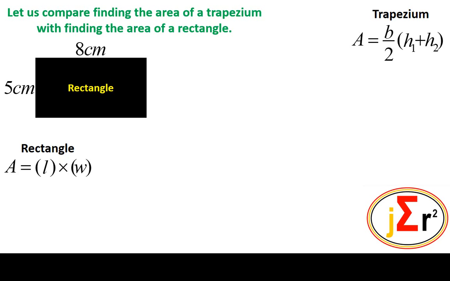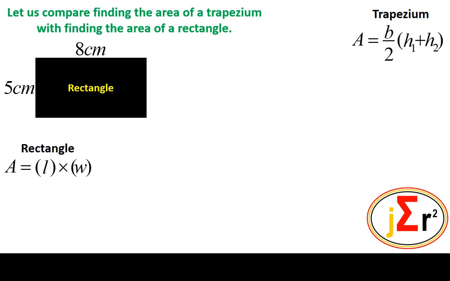Let us compare finding the area of a trapezium with finding the area of a rectangle. As a matter of fact, our argument is that a rectangle is also a trapezium, because for an object to be a trapezium, it has to have at least one pair of parallel sides.